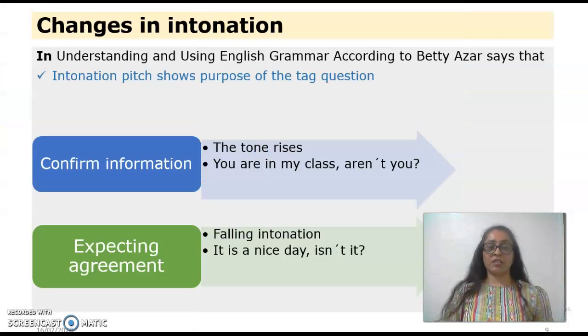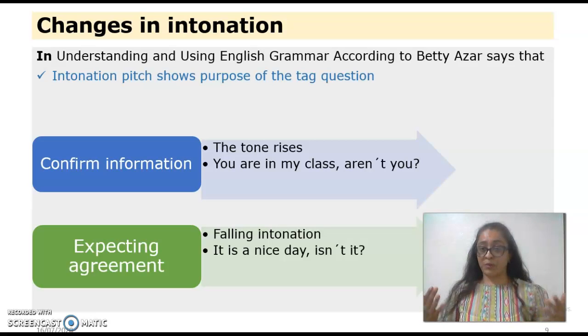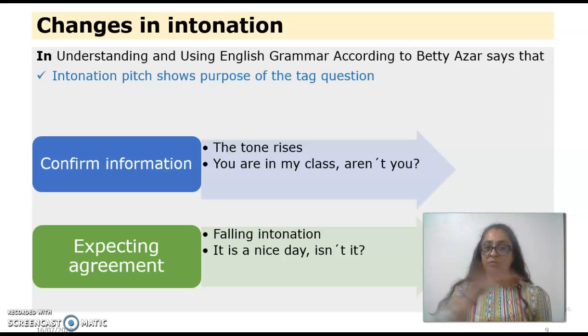Changes in intonation. Well, the author of Understanding and Using English Grammar suggests that intonation pitch shows the purpose of the tag question. So there are two purposes: confirming information or expecting agreement. If you confirm, the tone rises. If you expect agreement, the tone will fall.